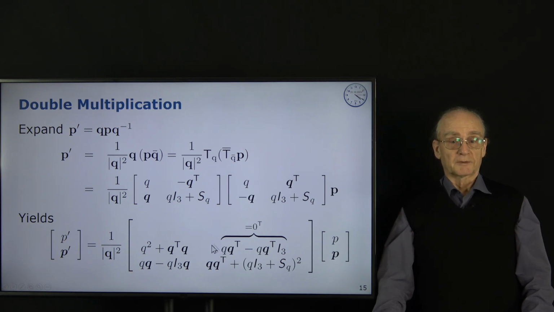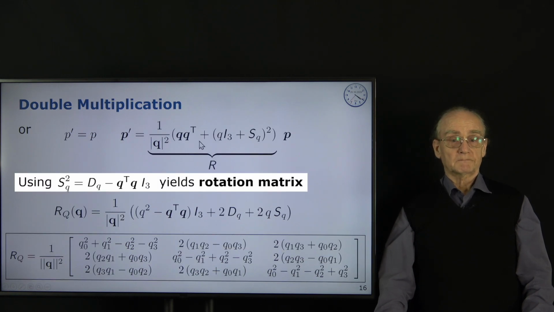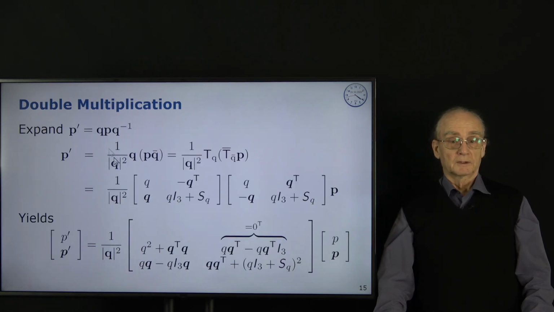And we are left with 1 here, 0 here, 0 here, and this expression divided by the norm squared of Q, multiplied with our quaternion P, scalar part, vector part P. So the scalar part doesn't change because we have a 1 here.